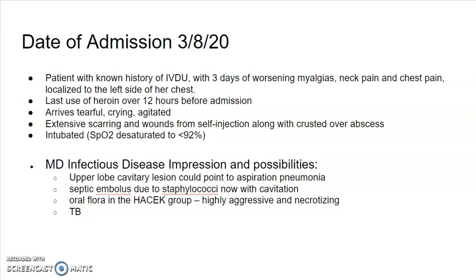Oral flora in the Haysick group, which is highly aggressive and necrotizing, and the Haysick group accounts for about 5 to 10% of community-acquired native valve endocarditis cases in patients who do not use intravenous drugs. So I don't think we would be leaning towards Haysick. And then also tuberculosis.